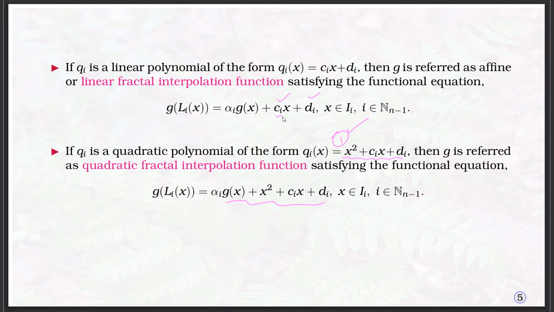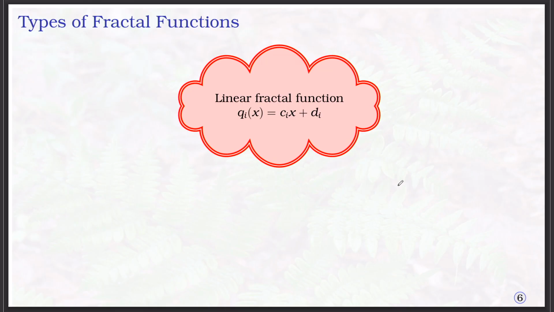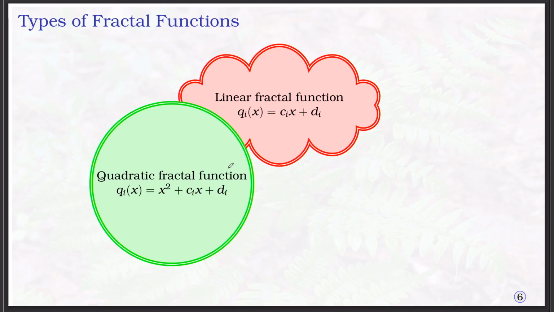Instead of Cix plus di, we are writing x square plus Cix plus di. So, based on the nature of qi of x, we can call the fractal interpolation function the linear fractal interpolation function, or the quadratic fractal interpolation function when qi is a particular case of the quadratic polynomial of this form.